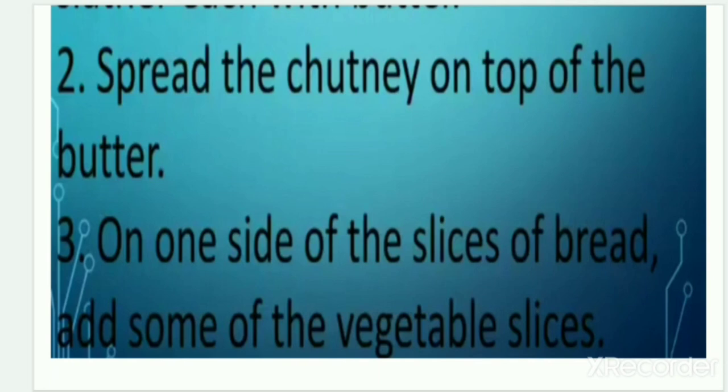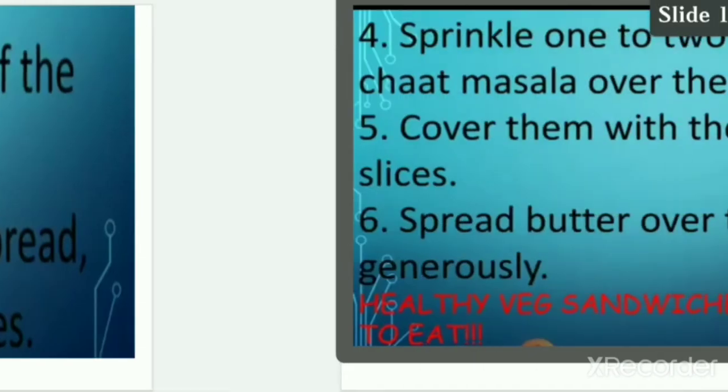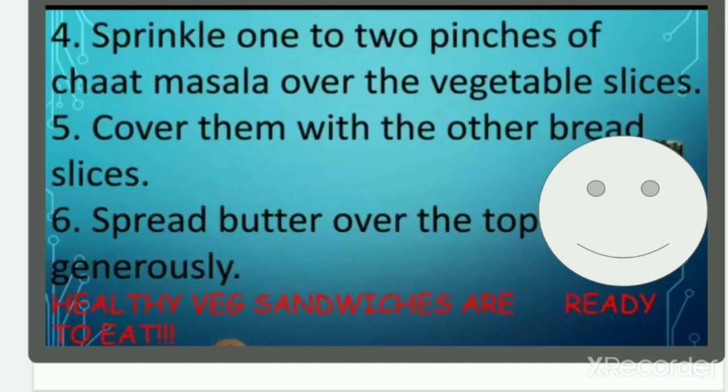We are going to take all the slices of vegetables we require. Now we will sprinkle 1 to 2 pinches of chaat masala and salt over the vegetable slices, and you can add a little salt according to your own taste.